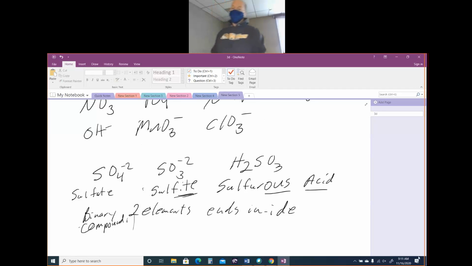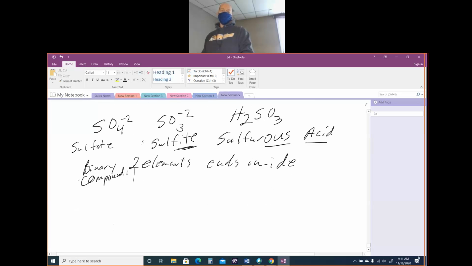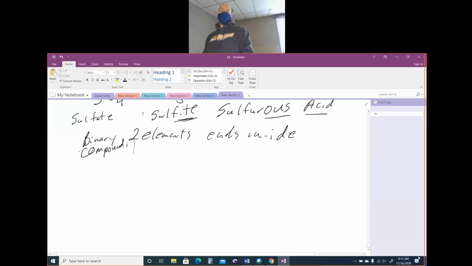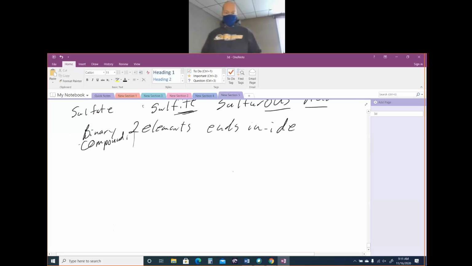If you say an ion, then that has a charge. Atoms and compounds are neutral. If you have a binary compound, that means it contains only two elements. The name will always end in IDE. So review your nomenclature. Again, remember, you have to know it well enough to pick it out of a lineup. It's going to be multiple choice.